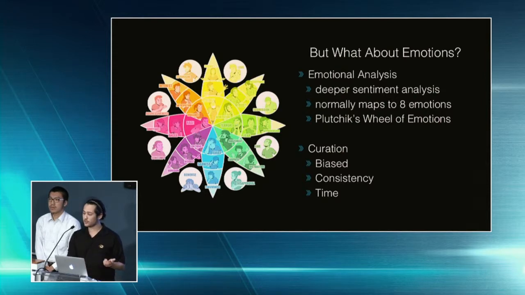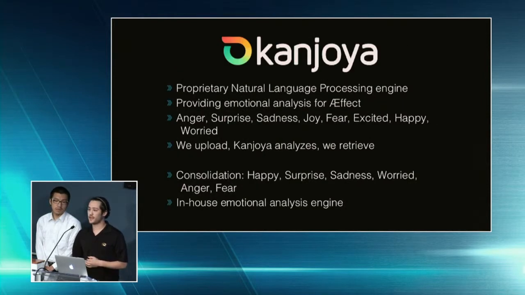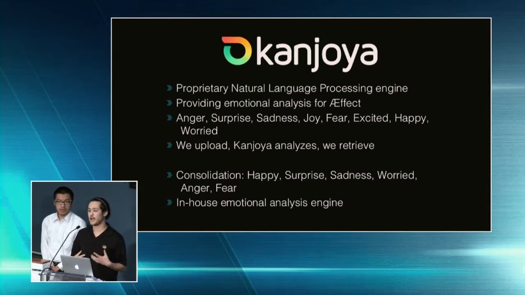So while doing research, I came across a company called Kanjoya, and they have a proprietary natural language processing engine that really focuses on the emotional analysis. And I contacted one of their representatives, and they were gracious enough to give us restricted, but still, for our purposes, very helpful access to their natural language processing engine, and we were able to aggregate all of these articles and send them to Kanjoya for analysis and basically retrieve them and put them in our database.